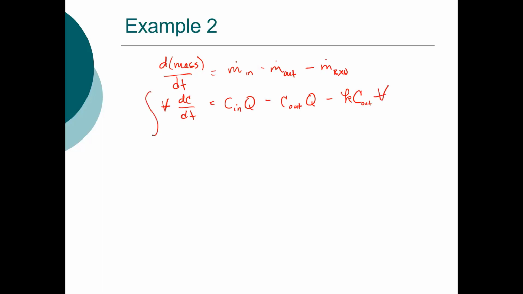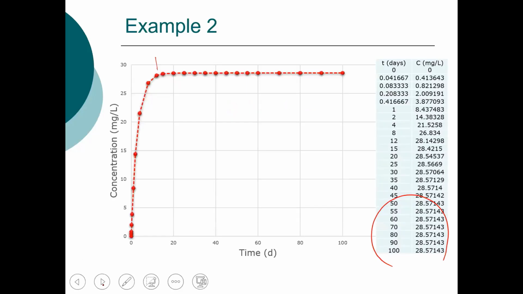And then when we integrate this from C0 to C sub t, and from time 0 to time t, we have the equation I had before. I'm not going to write it out. I just did it in an Excel spreadsheet. I can then determine the concentration at any time. So this is C at any time t.